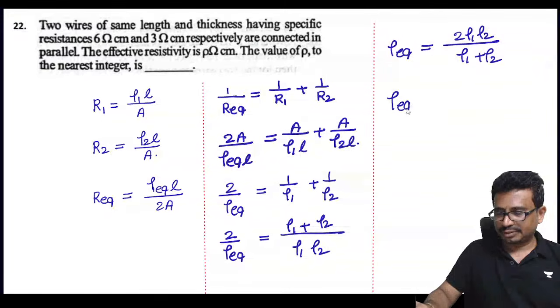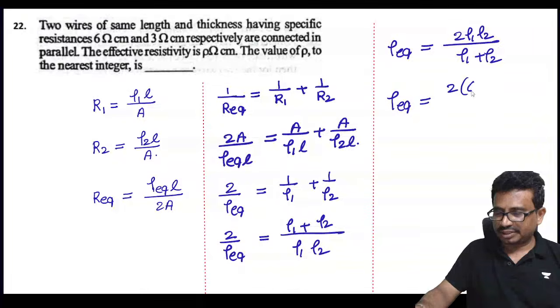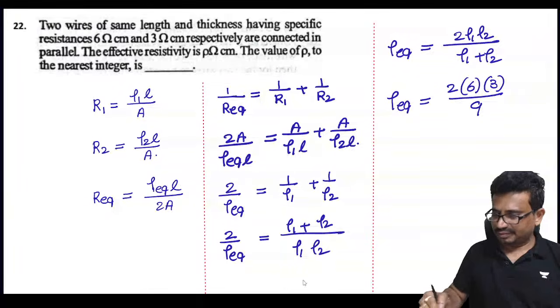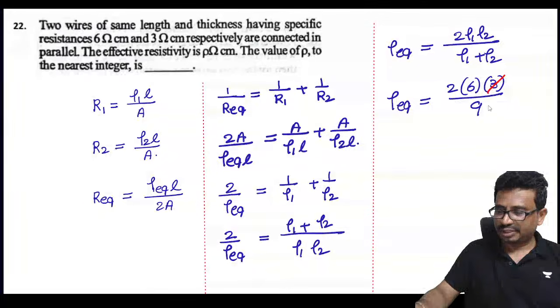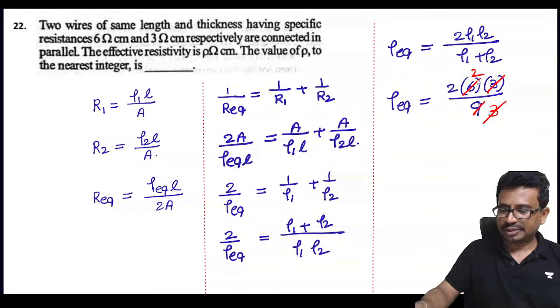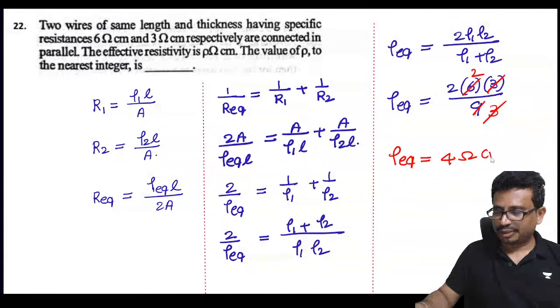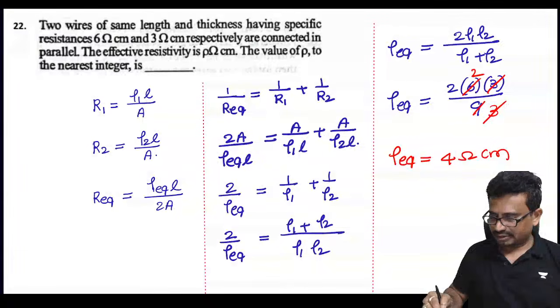So rho equivalent is 2 into 6 into 3 by 9. Cancel it: 3 3s, 3 2s. So this rho equivalent will come to be 4 ohm centimeter.